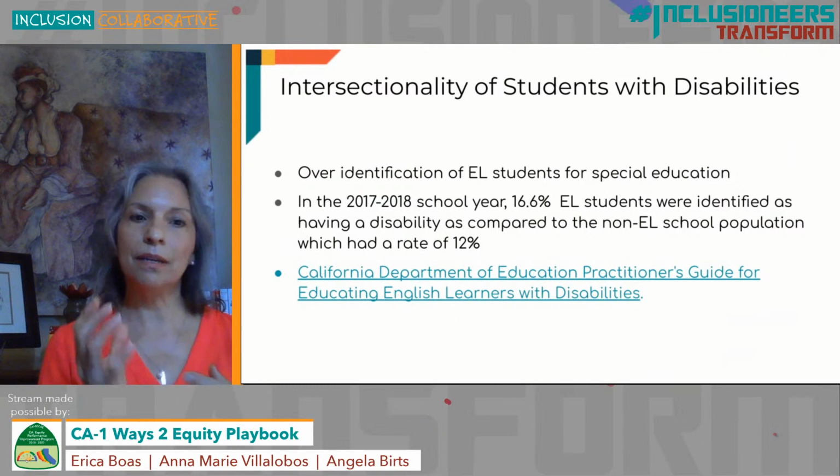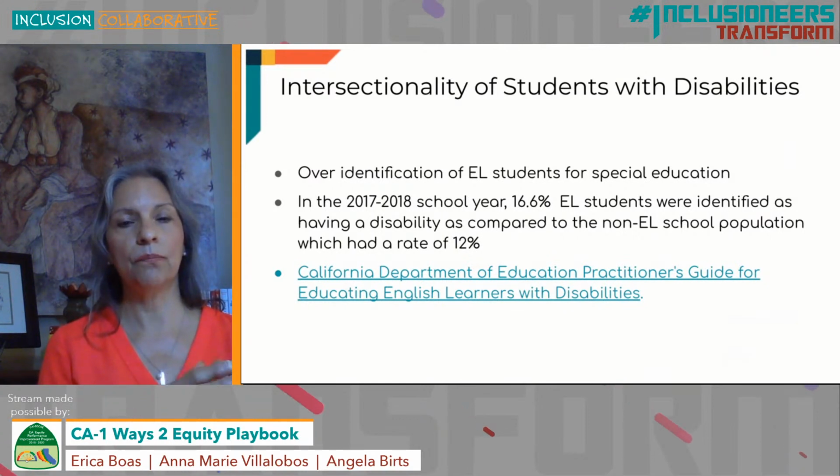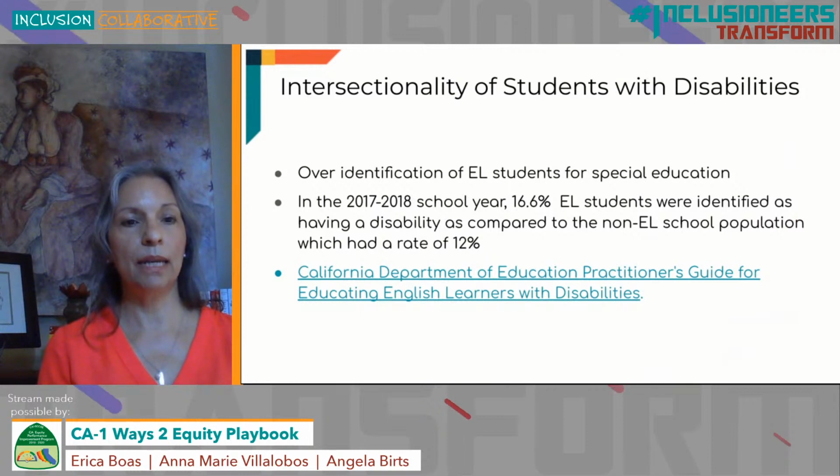And students with disabilities intersect across those three groups of students. So, for example, in the 2017-18 school year, 16.6% of EL students were identified as having a disability, as compared to the non-EL school population, which only had a rate of 12%. This means for our students who are EL, there is an over-identification.